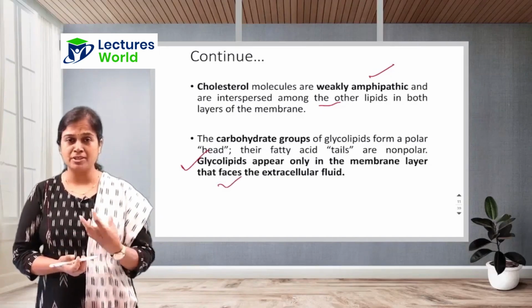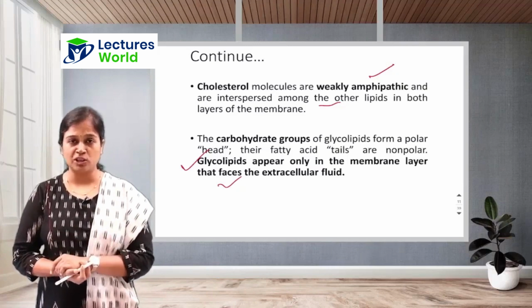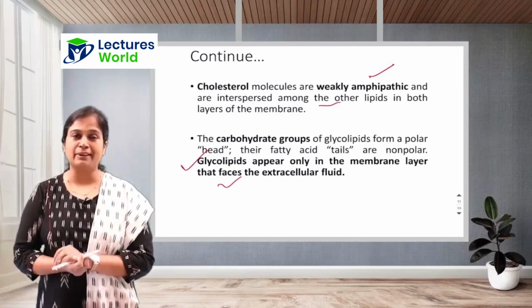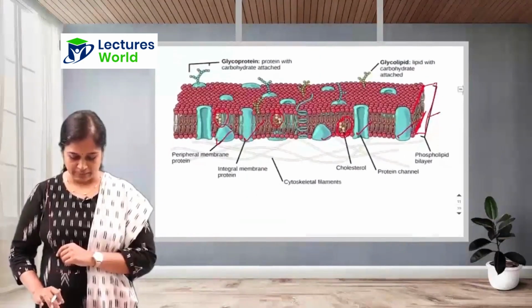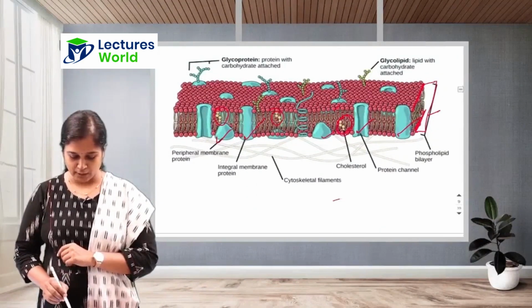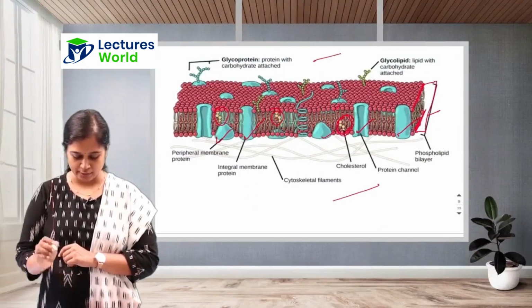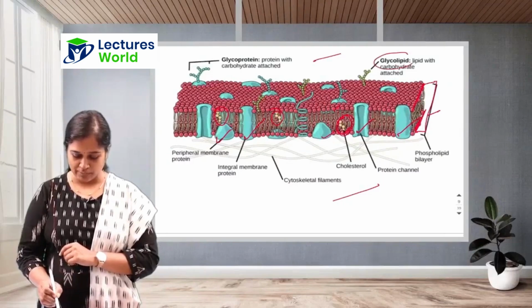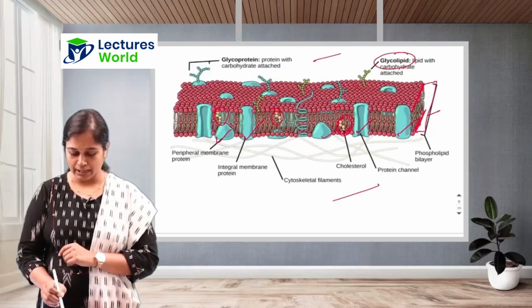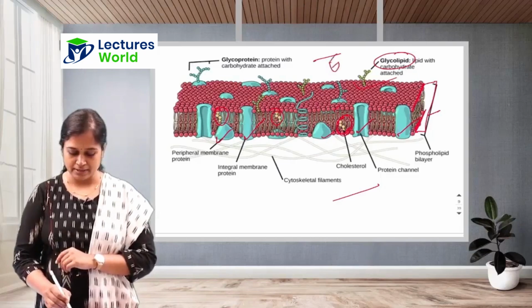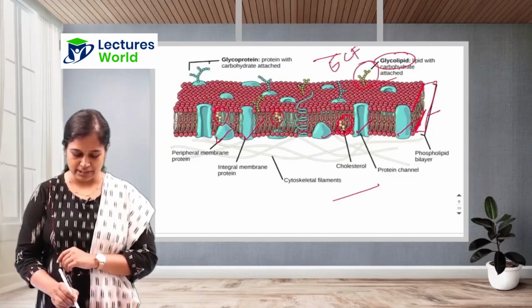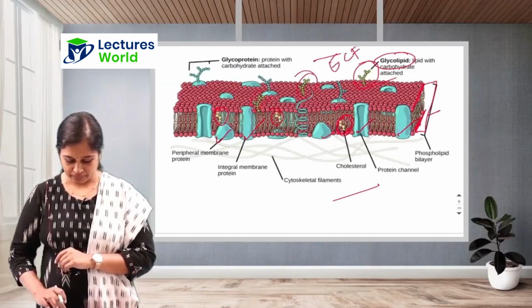So in which membrane layer are these glycolipids present? The layer which faces the extracellular fluid. You can see in this image, this is the intracellular fluid and there is the extracellular fluid. So these glycolipids are present only on that layer which faces the extracellular fluid. You can see these are the glycolipids.